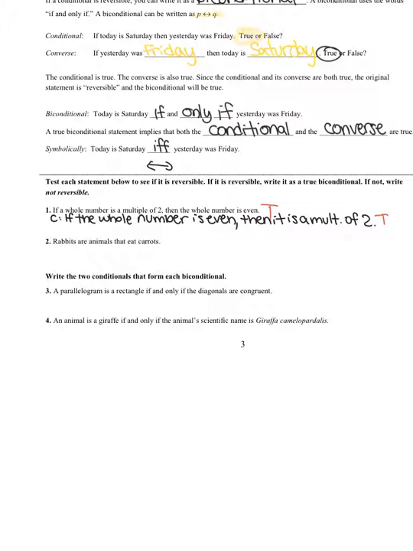A whole number is a multiple of 2 if and only if the whole number is even.